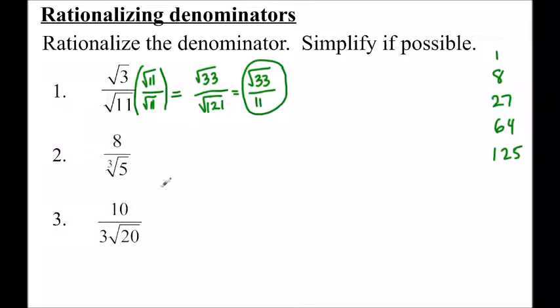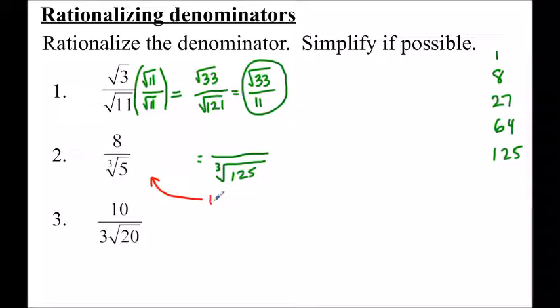So I'm going to leave a little space here and make a fraction. I want to create the cube root of 125. So this is the question I'll ask myself, and I'll write it out. What can I multiply 5 by to get a perfect cube?